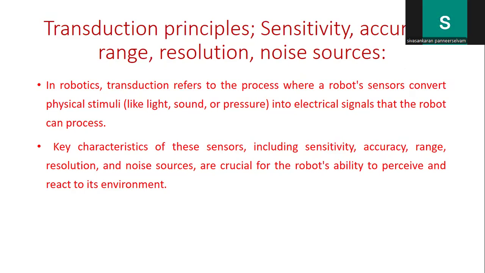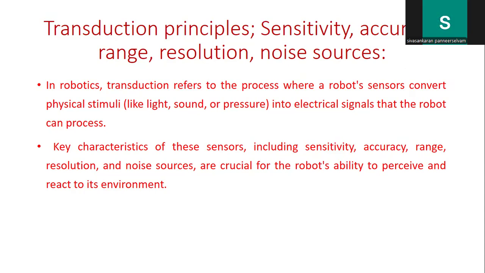And now, what do you mean by the transduction principle in a sensor? How do we define the sensitivity, accuracy, range, resolution, and noise sources in the sensors used in a robotic system? Let us discuss.